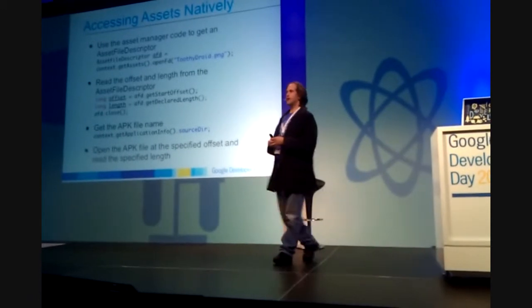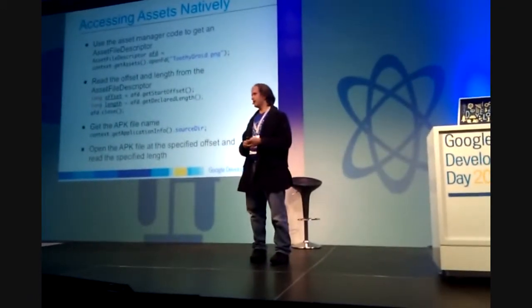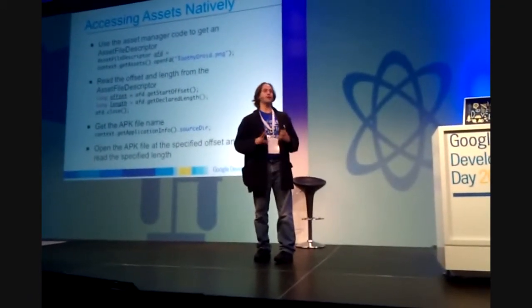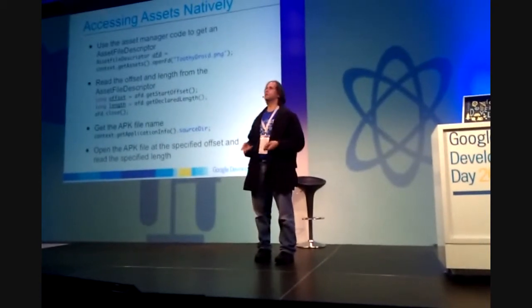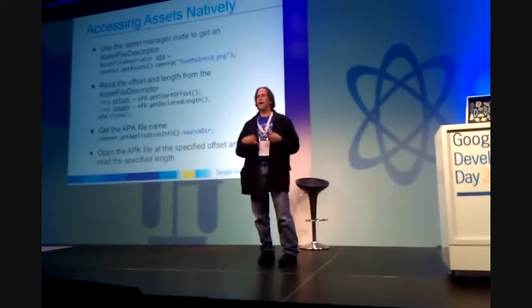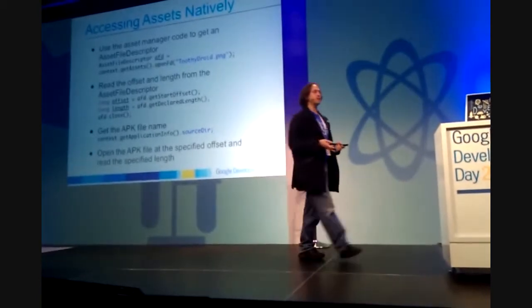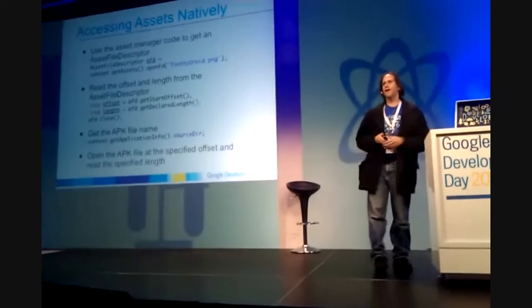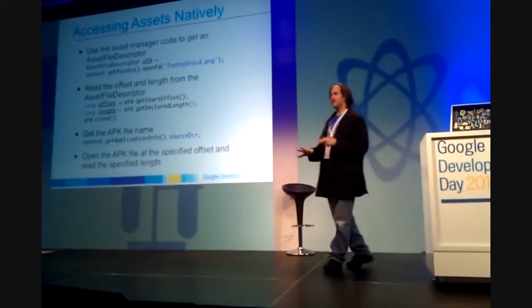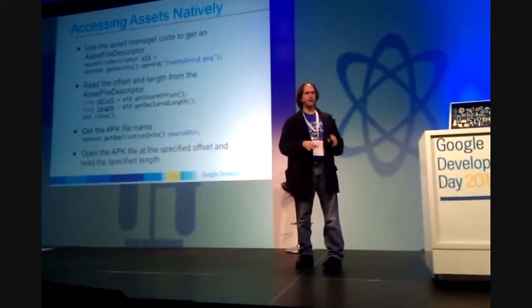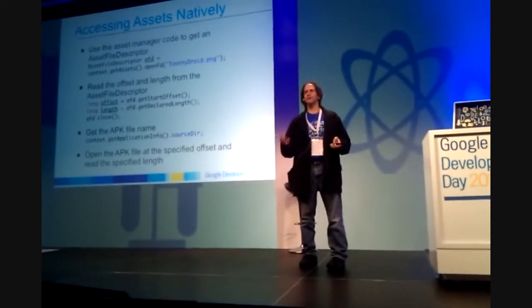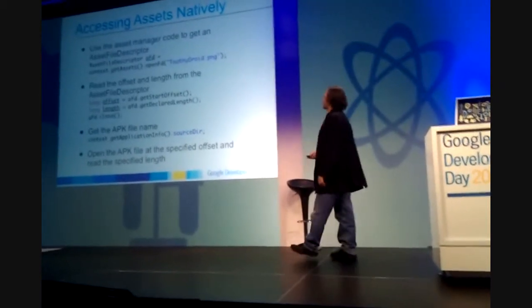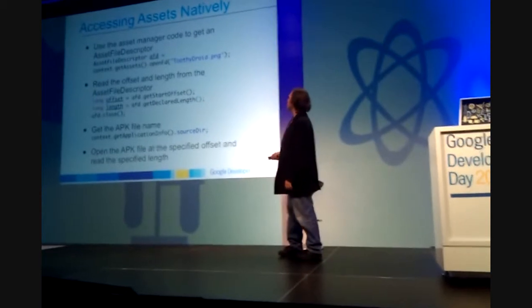You also don't want to use calls that are undocumented and unsupported because there's a good chance they're going to break. There's a lot of work going on around native code, and there's a very good chance that if you take advantage of some of the internal structures, it's not going to work in future versions of Android. However, one thing that is not guaranteed to stay the same, but is probably going to continue to work, and again, nothing is guaranteed here, is you can use the same method you use in Java.